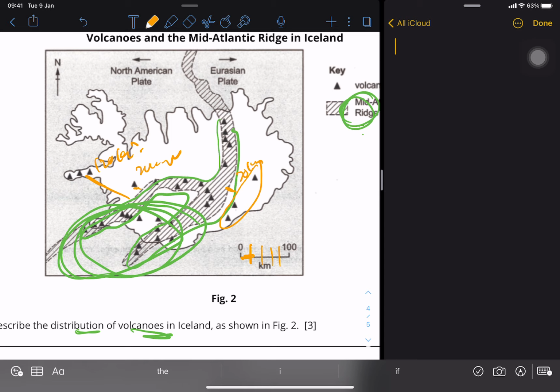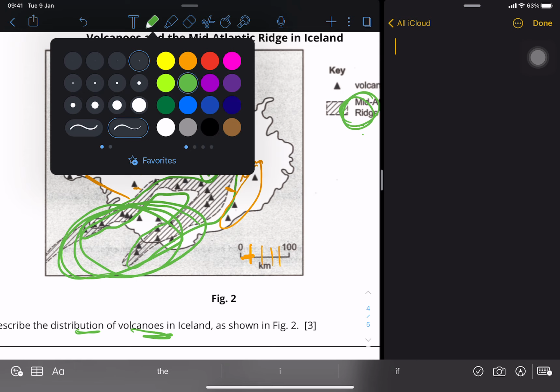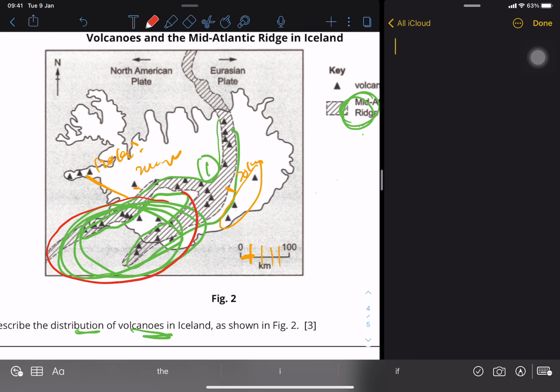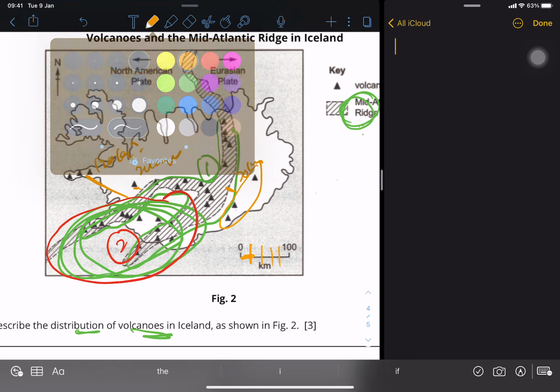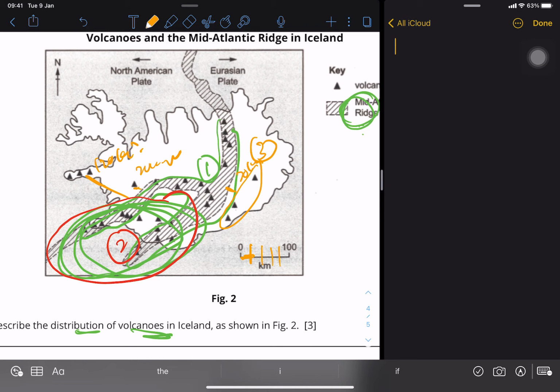So I have these 3 points. One is the general trend: most are on the mid-Atlantic ridge. Second, talk about how the majority is actually at the southwest corner. And the third one, I'll talk about the anomaly, which is about 20 km to northwest and east, except for a few which are about 120 km away.